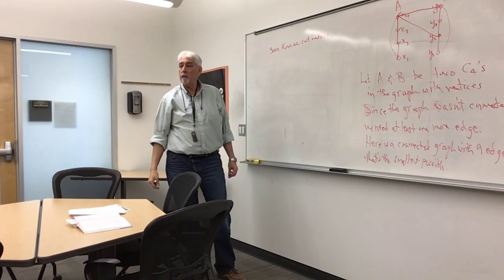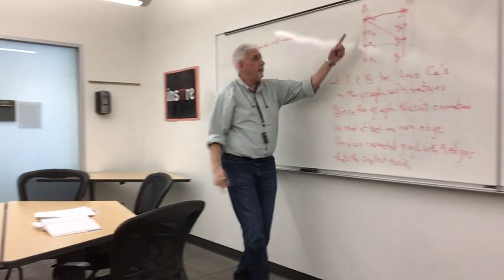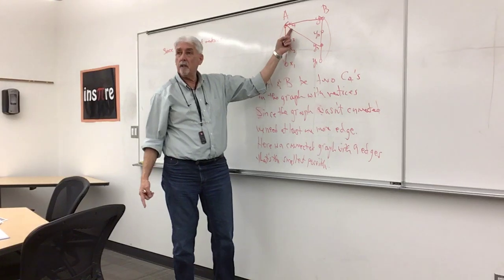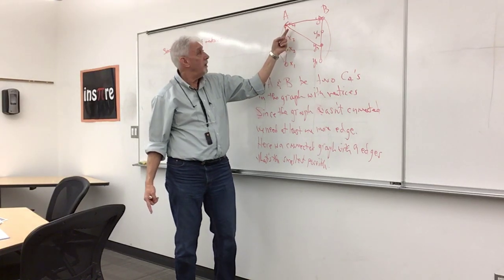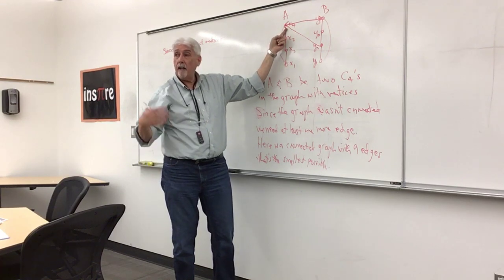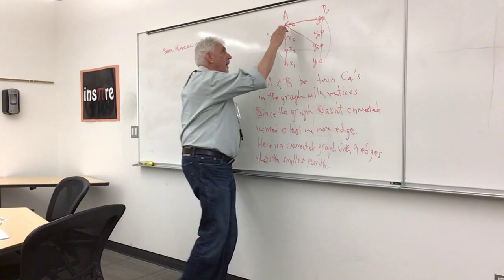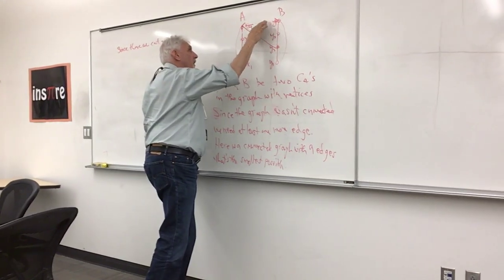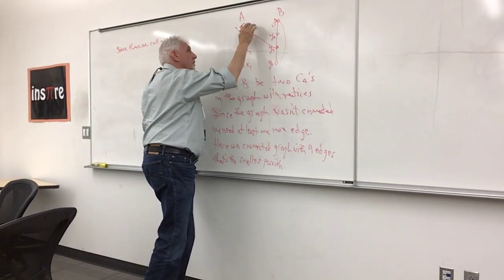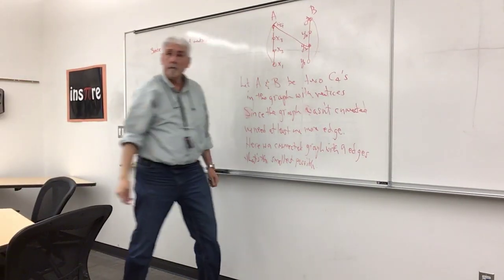You can connect it with x4 or y2. If I add this edge in, what's wrong with that edge? It's incident to x4, and x4 is still a cut vertex. We want to add edges so I have no cut vertices. So adding an edge to x4, or in this case y2, would be a problem.